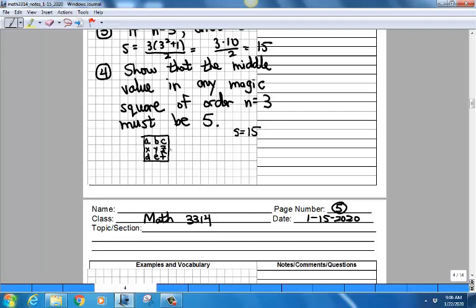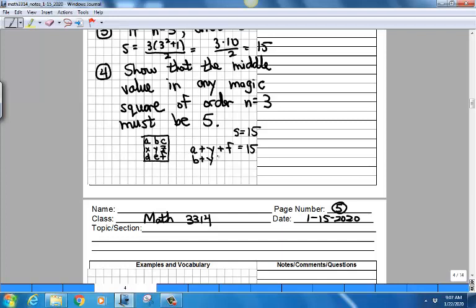So I'm going to create some of those sums in a very artful way. Let's look at this diagonal from the top left to the bottom right. So that's A plus Y plus F, and we know that has to add up to 15, right? And now let's look at the middle column.